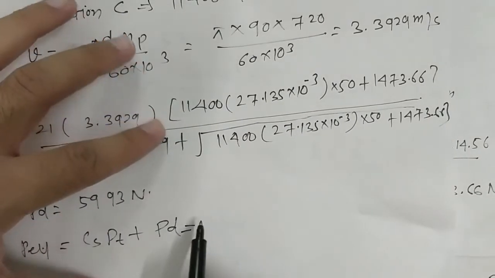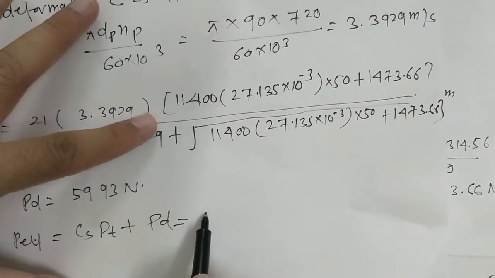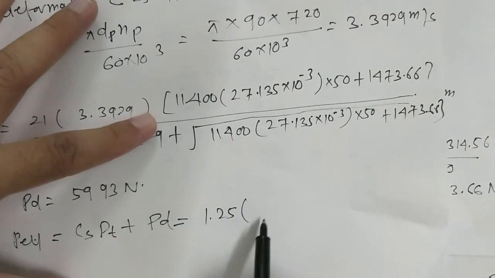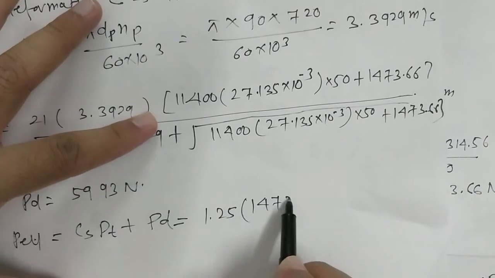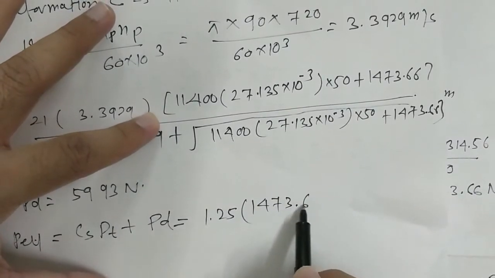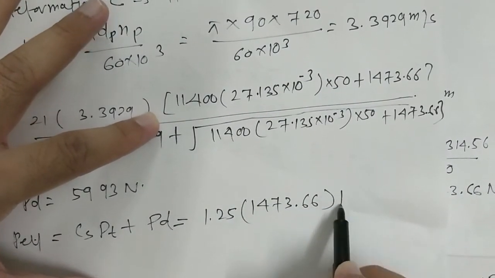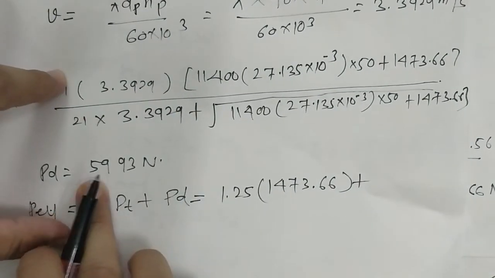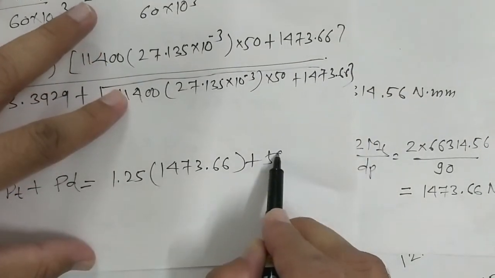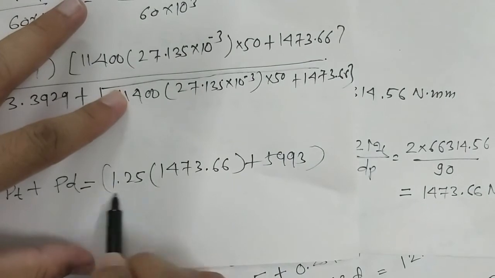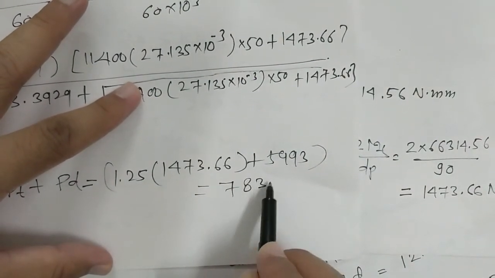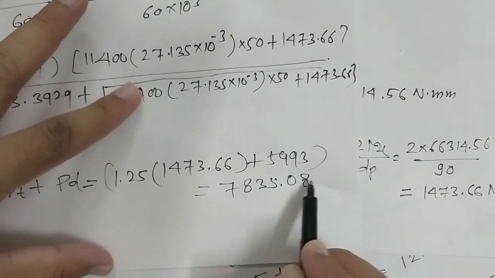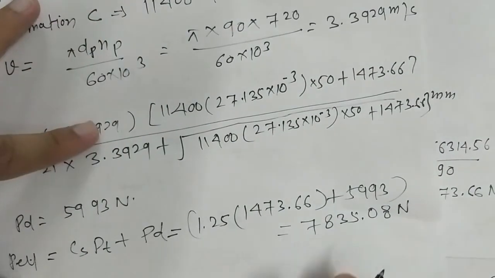So this CS, service factor, is given in the numerical as 1.25 and PT is 1473.66 plus PD 5993. So this becomes 7835.08 Newton. So this is P effective.